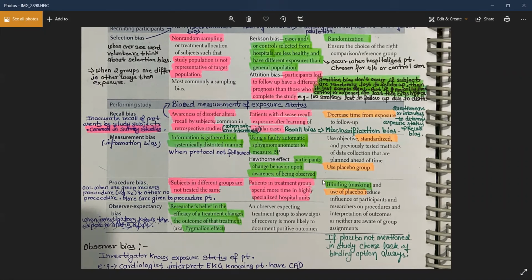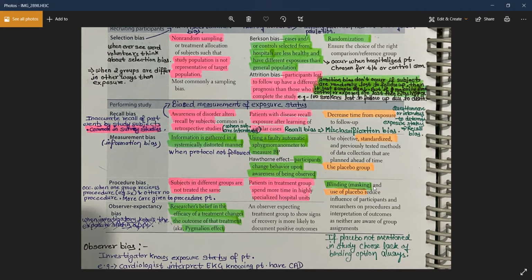So one thing is the blinding. Second thing is the placebo effect. You are actually making the conditions very similar for both groups. Very important. So I hope you understand this placebo effect and the blinding.